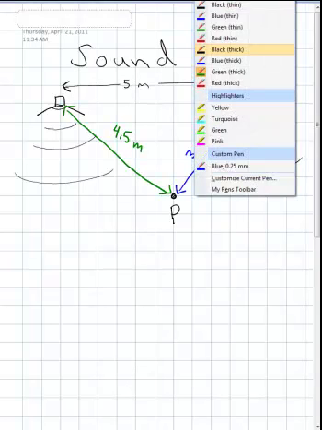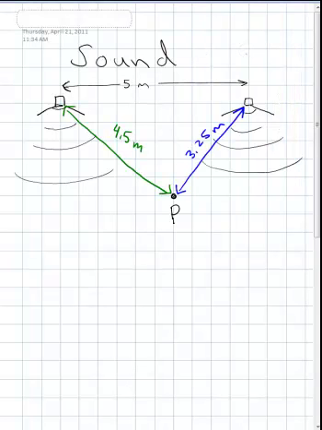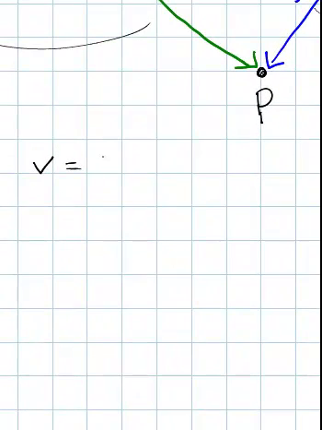And what we are looking at now is how many multiples of the wavelength are in each one of those distances. So first of all, we need the wavelength. And we know for any wave, even sound waves, the speed of the wave is lambda f, wavelength times frequency.